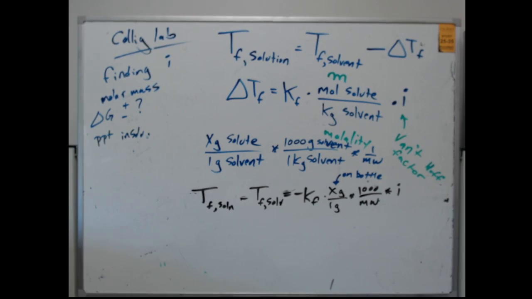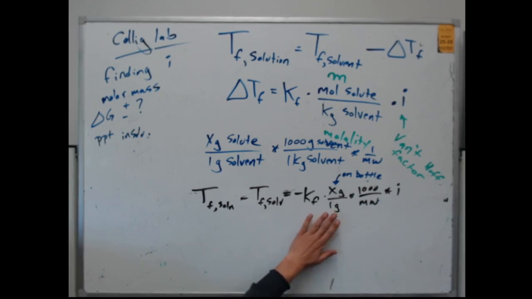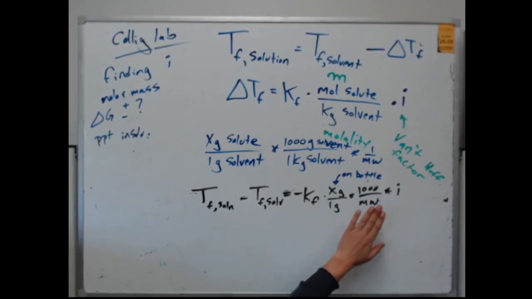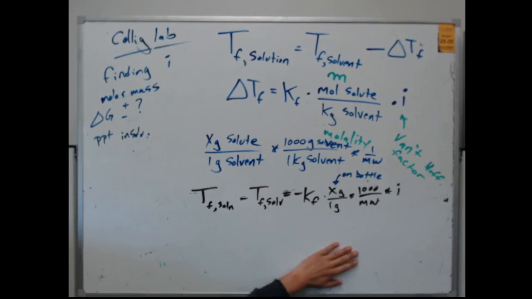In that case, we know it's sodium chloride, and we've got our concentration on the bottle. We know KF for water, and we know the molecular weight for sodium chloride. We move everything over and solve for I. If sodium chloride is behaving perfectly in water, I is equal to 2, and we're all set.